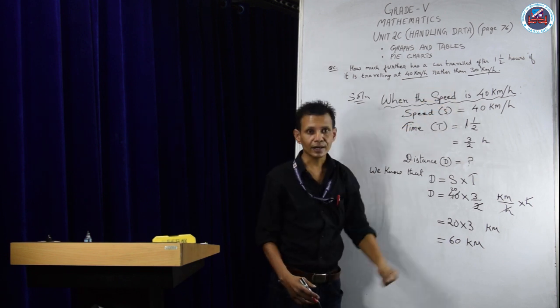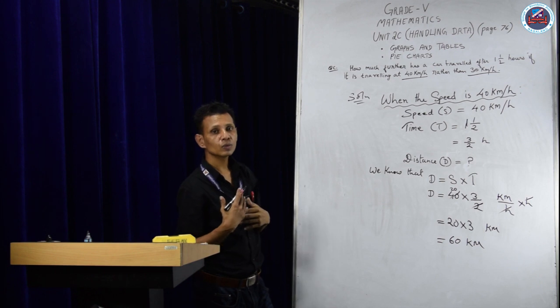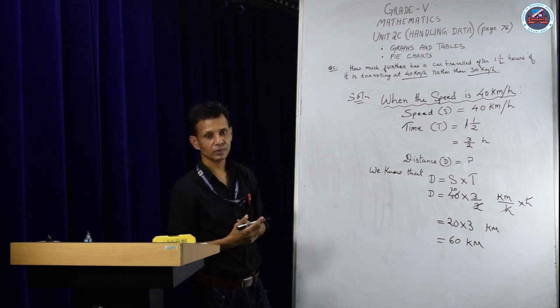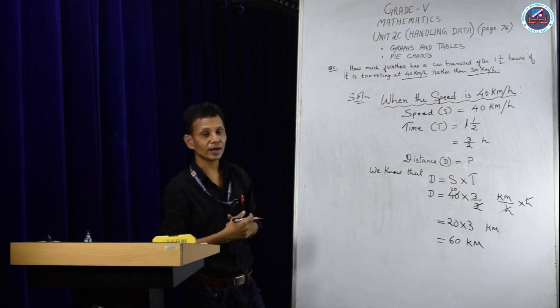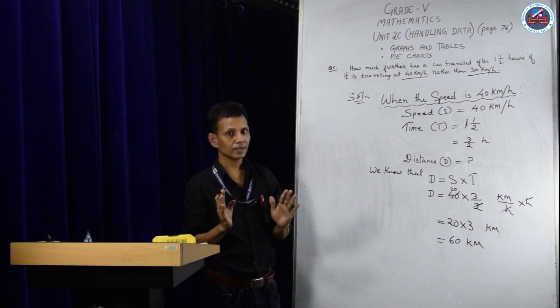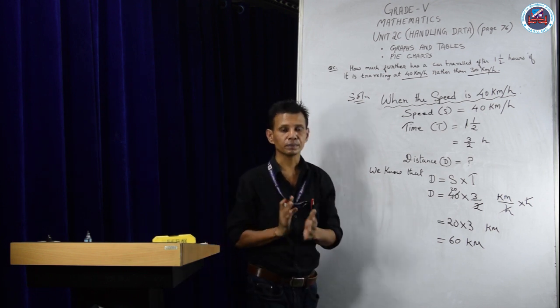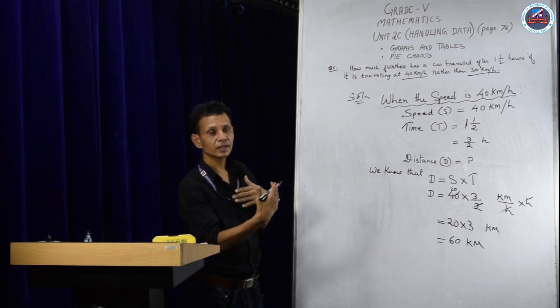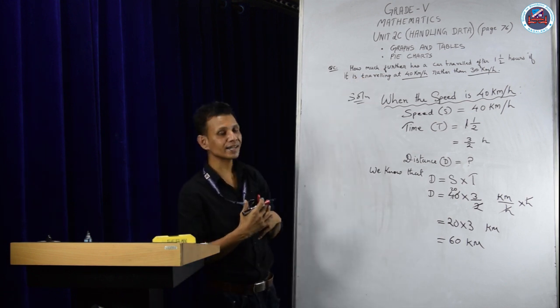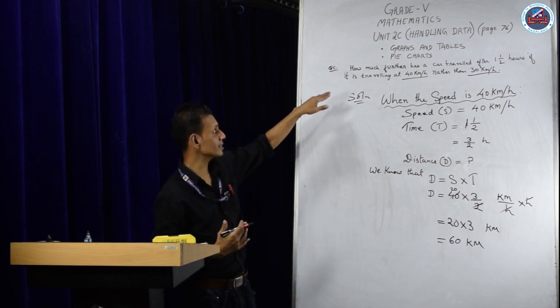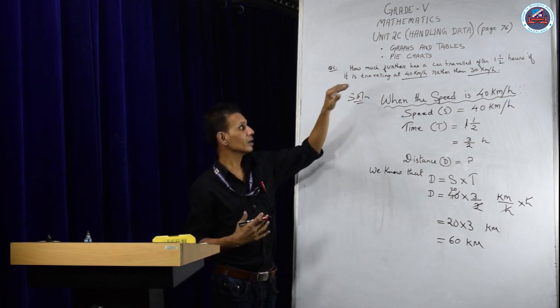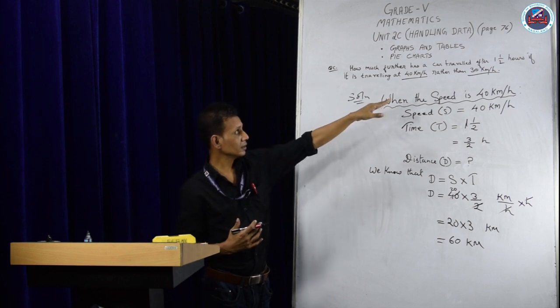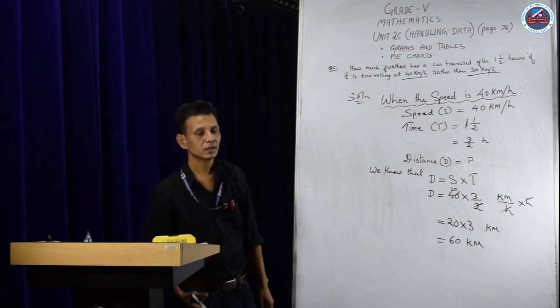Now when the speed is 30 km, what will be the distance? Find out. I'll keep that for you. You try it, okay? And that will not end there, because the question says, how much farther has a car traveled after 1.5 hours if it is traveling at 40 km/h rather than 30 km/h?